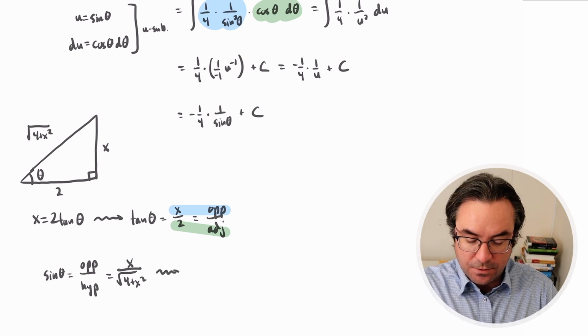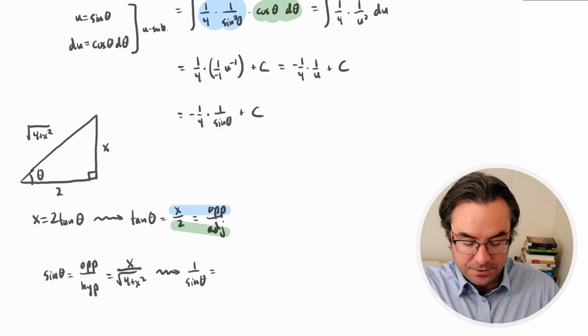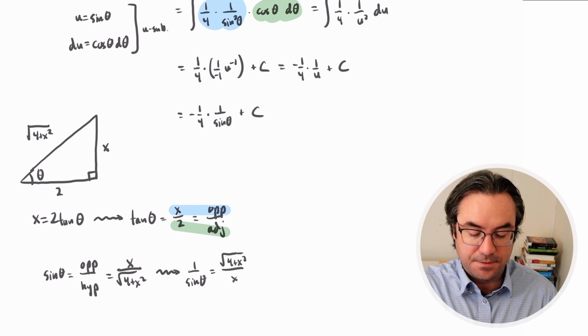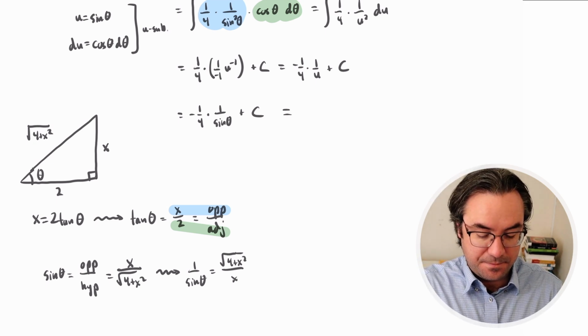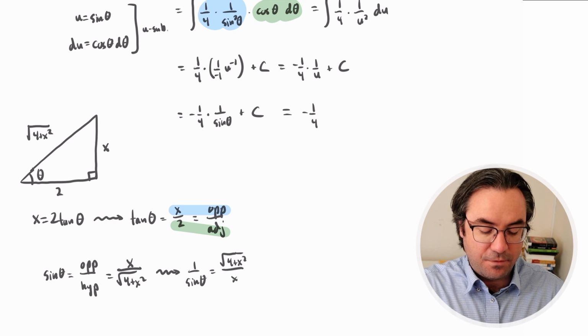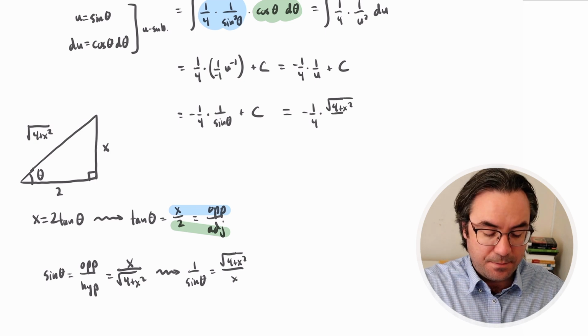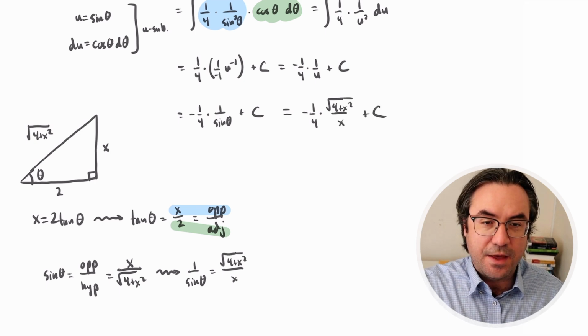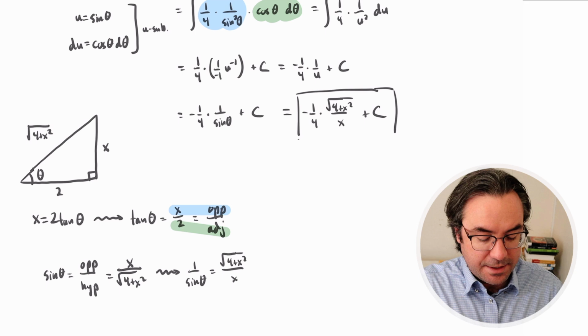And that means 1 over sine, the reciprocal, is just this flipped around, so it'll be square root of 4 plus x squared over x. So we finally fill that in: we have our negative 1 over 4, and then our square root of 4 plus x squared all over x, and then plus C. So there is our antiderivative.